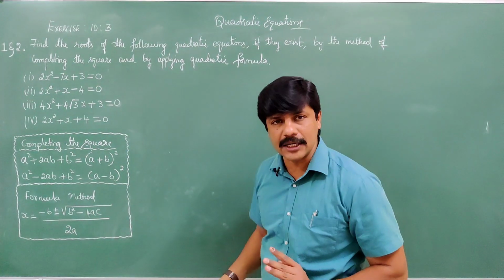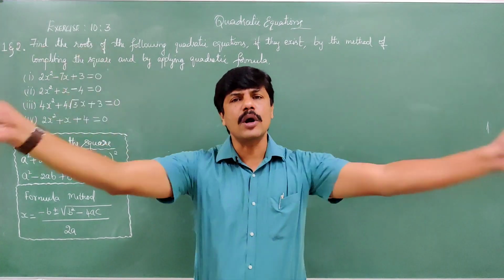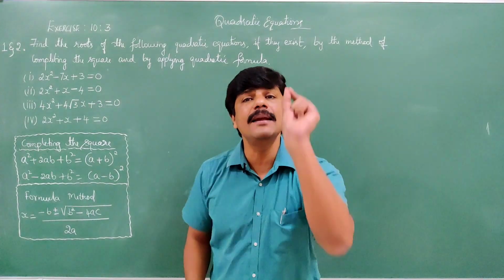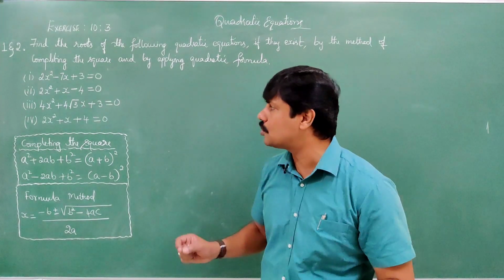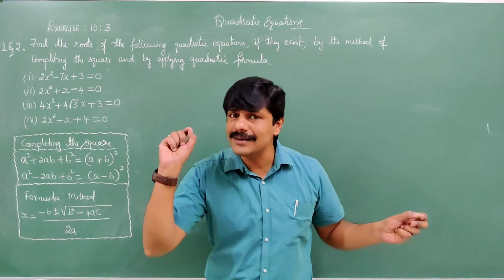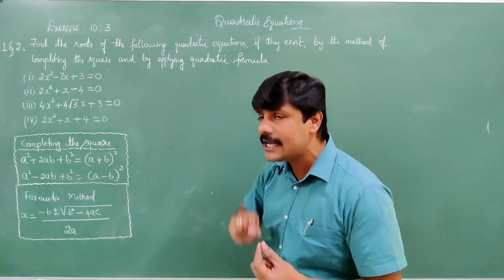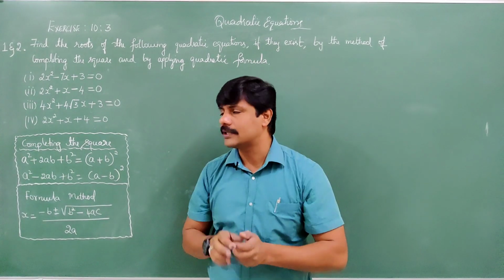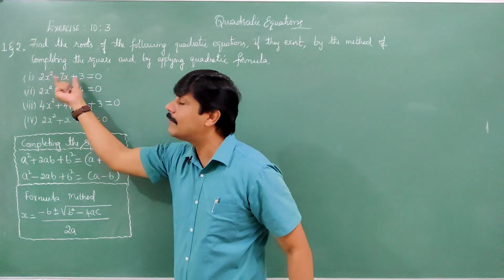These are the two methods where you can find the roots of any quadratic equation, but the factorization method is limited. Factorization method cannot be applied to find the roots of all quadratic equations. Its limitation is that the two factors you take do not always split the middle term.